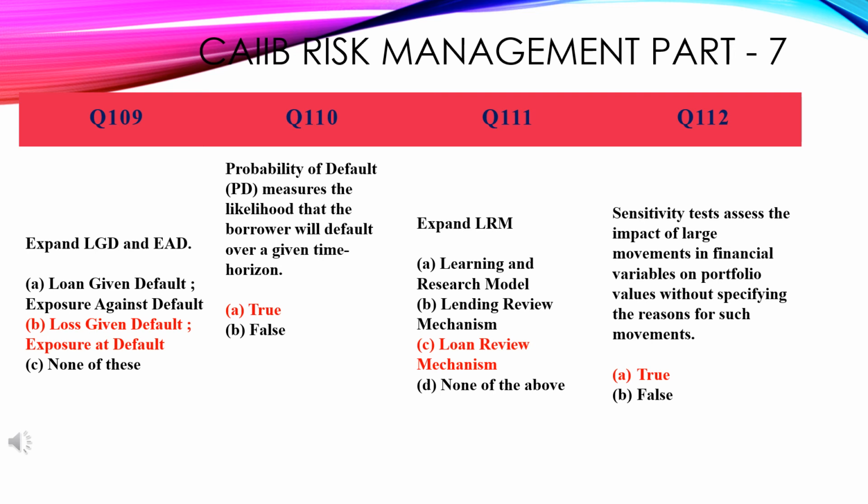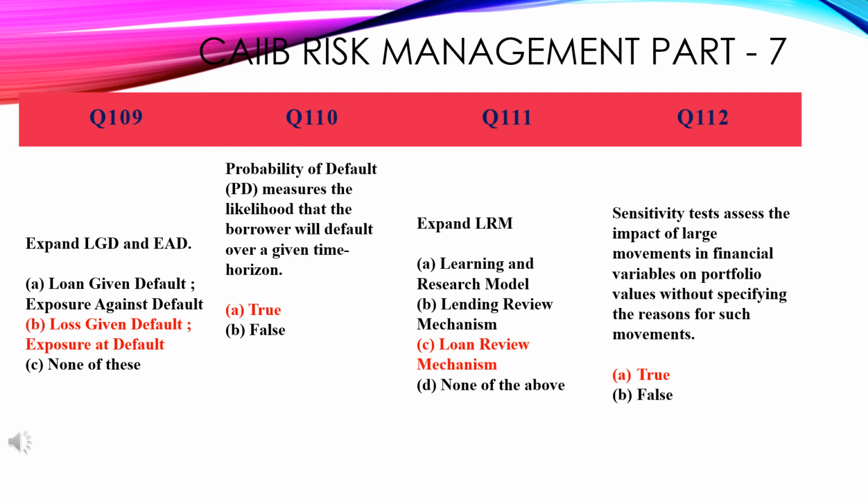Then the next question is PD, that is probability of default. What is that? Probability of default measures the likelihood that the borrower will default over a given time horizon. Is it true or false? It's true. Why?